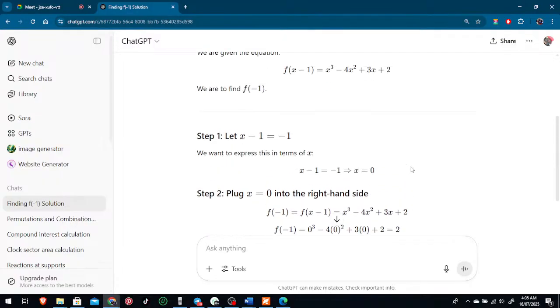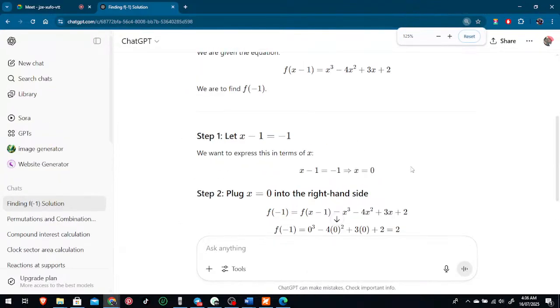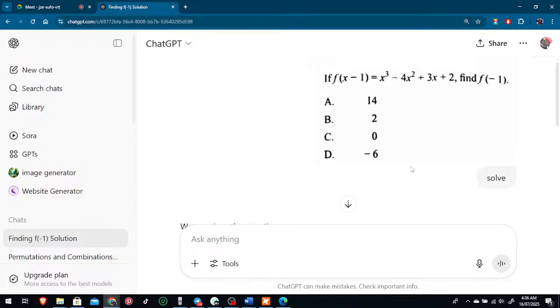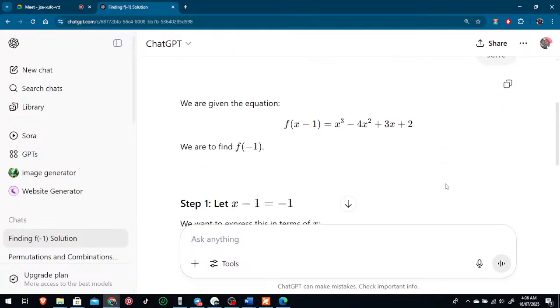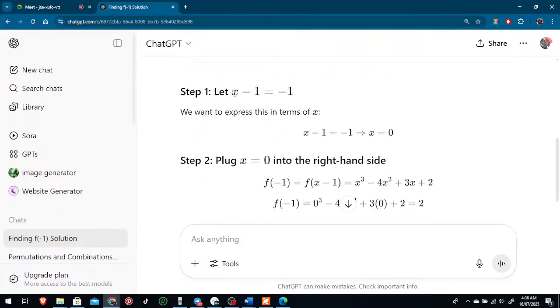Please, do you understand? Listen, the question says if this is this, find f at negative 1. So we are given the equation this. We have to find this. Step 1, let x minus 1 equals negative 1. So let the substituted value equal negative 1.